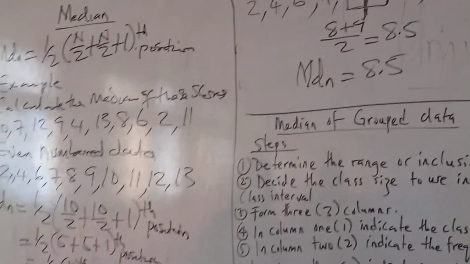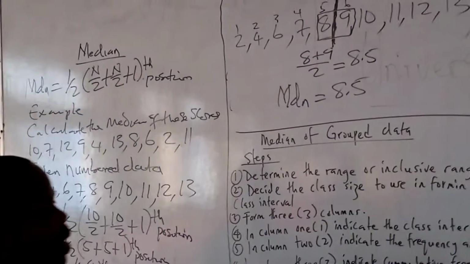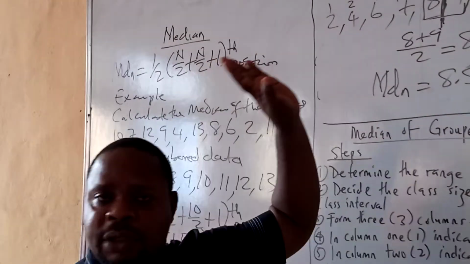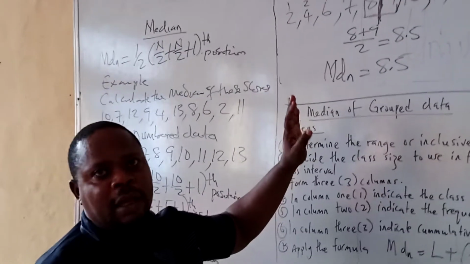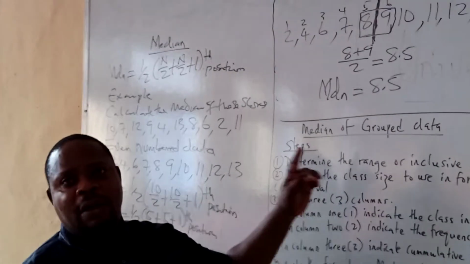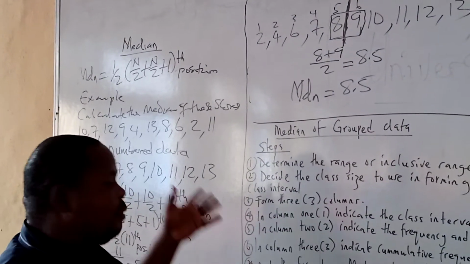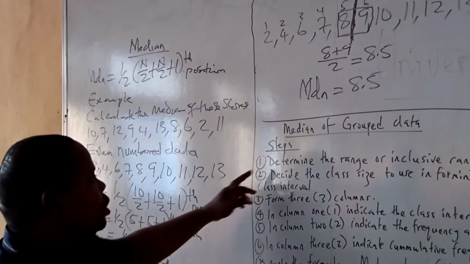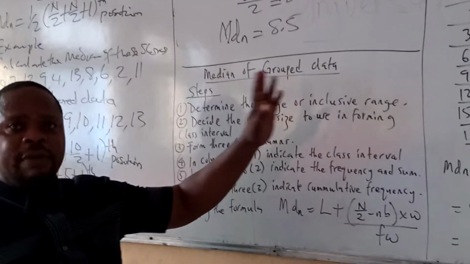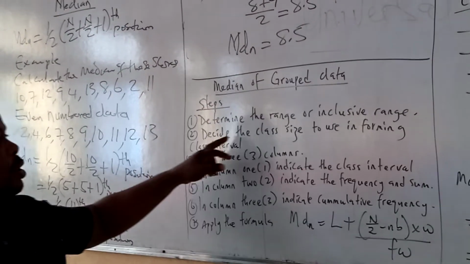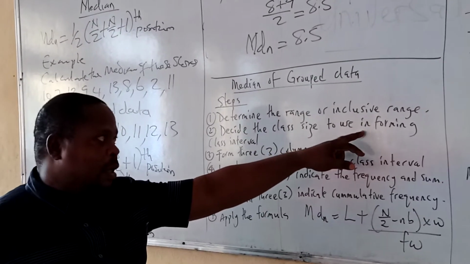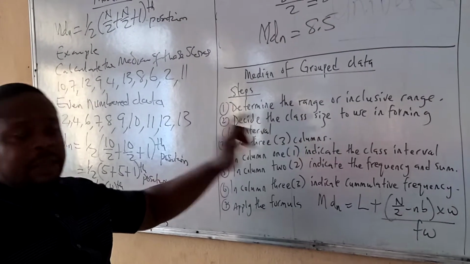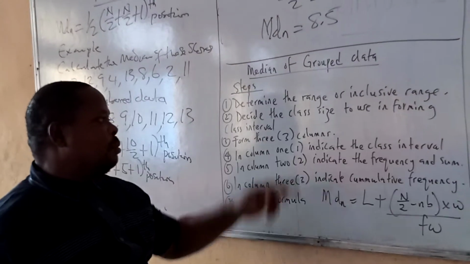Now, if you want to calculate the median of a grouped data, remember these ones we have done is just the median of an ungrouped data. If you want to calculate the median of a grouped data, you now have to follow a different step. First, you determine the range or inclusive range of that data. Then secondly, you decide the class size to use in forming the class interval.